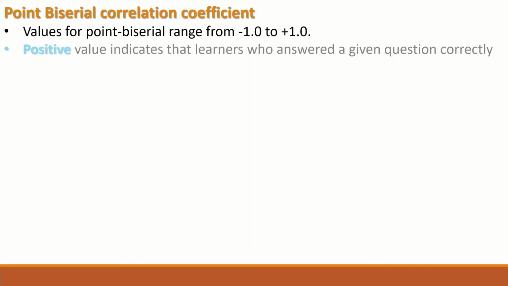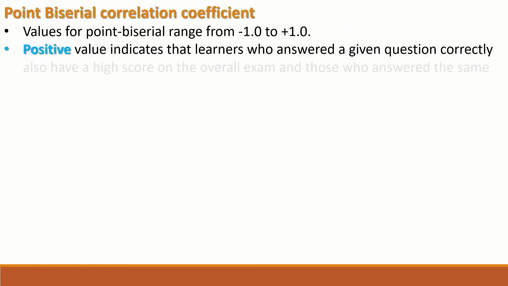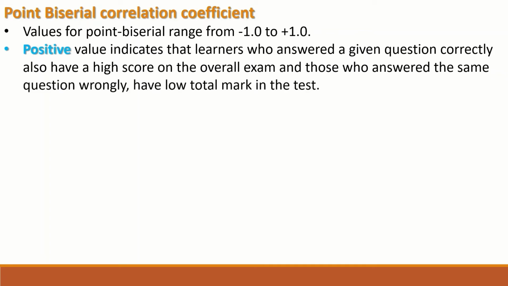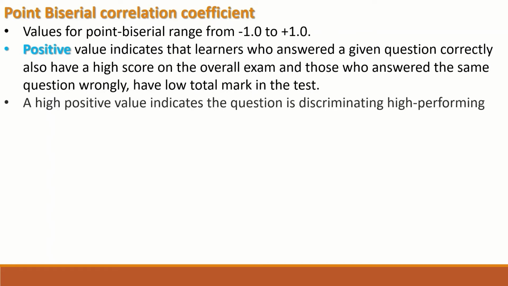A -1 indicates a strong negative correlation. Now, a positive value of the coefficient indicates that the learner who answered a given question correctly also has a high score on the overall exam, and those who answered the same question wrongly have a low total mark in the test.